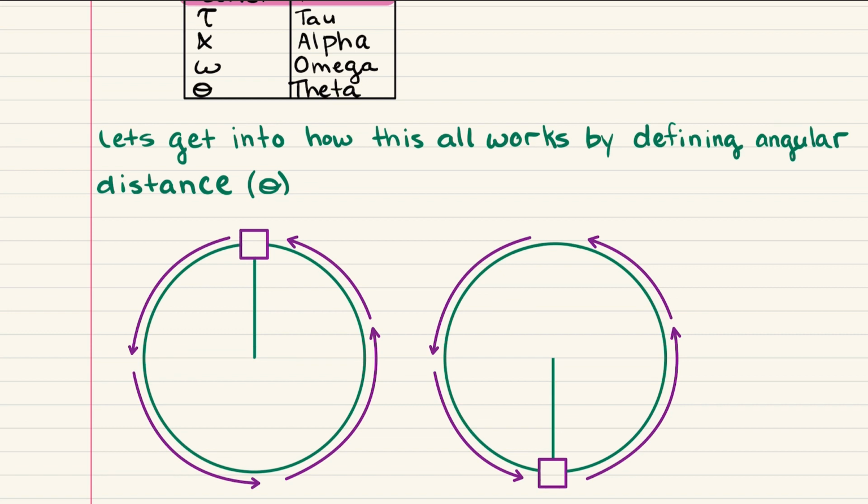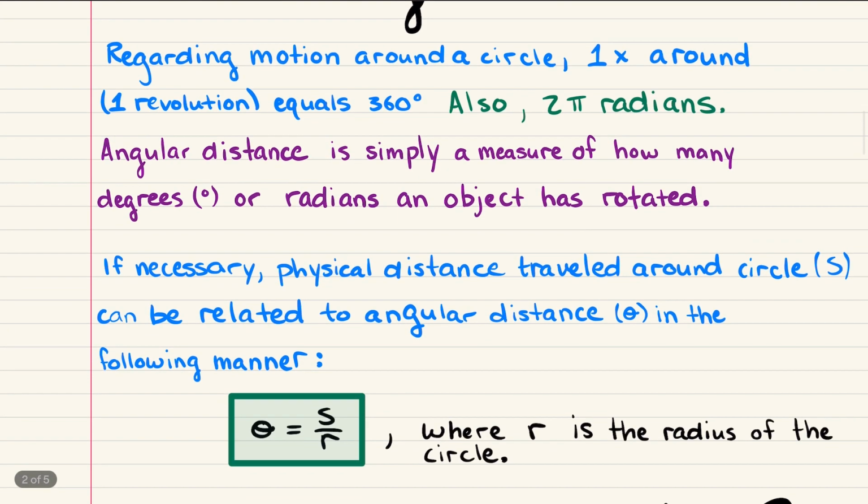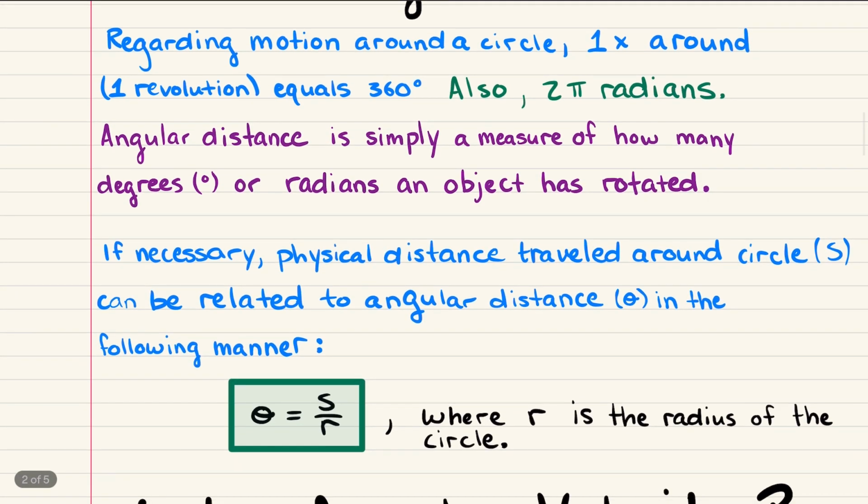All right, so just as a reminder, there are 360 degrees in one revolution of a circle, and there are also 2 pi radians in one revolution of a circle. Again, regarding motion around a circle, 1 time gives you 2 pi radians or 360 degrees. If necessary, physical distance traveled around the circle, which we'll call arc length s, okay, when we're talking about physical distance around a circle, we usually use lowercase s.